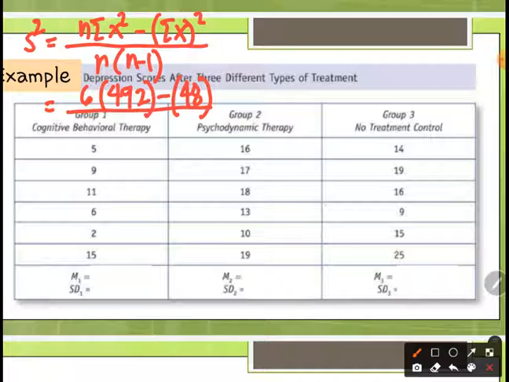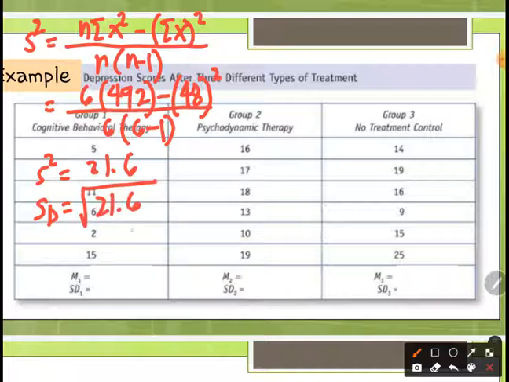Yung 48, then raised to 2 over 6 times 6 minus 1. And that is equals to 21.6. Yan yung ating variance. To get the SD, okay, that is equals to square root of 21.6. O yung ating SD is 4.65.